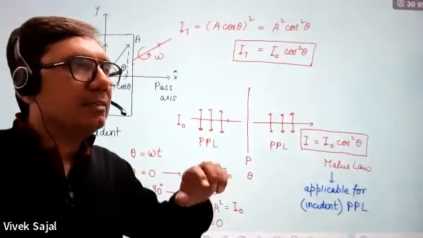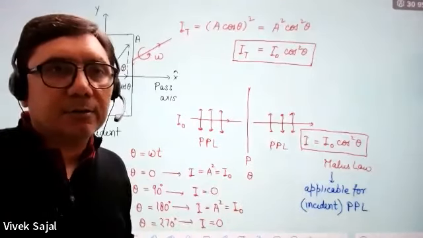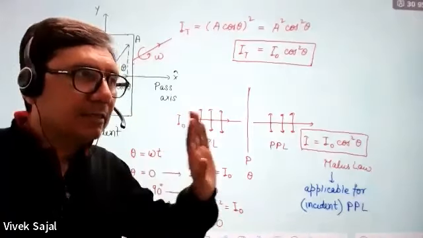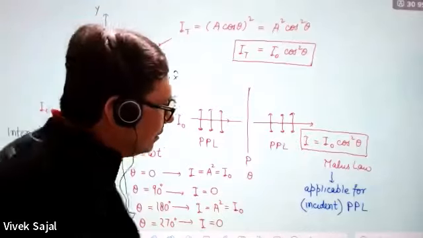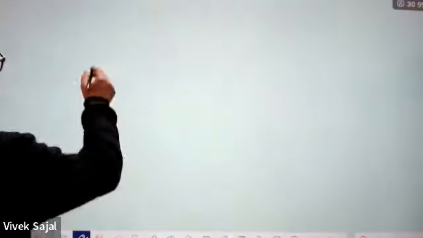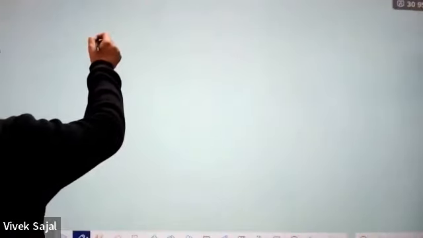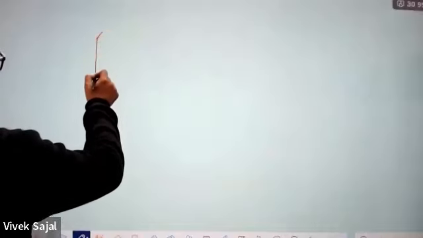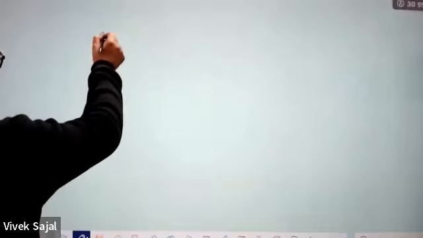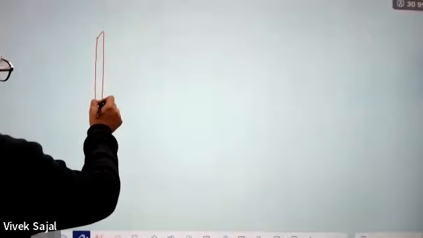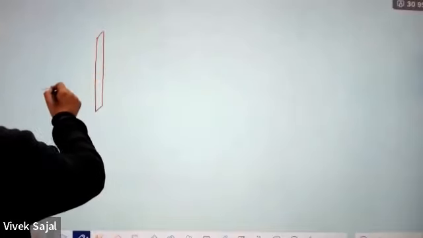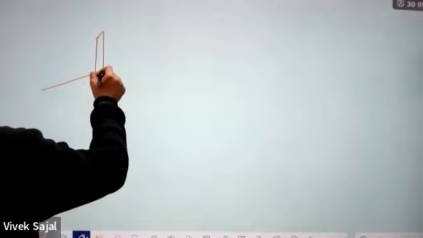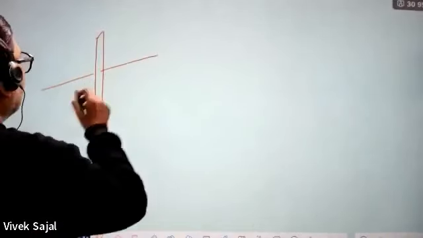If you want to check whether a given light is plane polarized or not, just pass that unknown light through a rotating nicol. Okay? So if you have unknown light here, and here I am having a rotating nicol, this is the way light is passing through it.